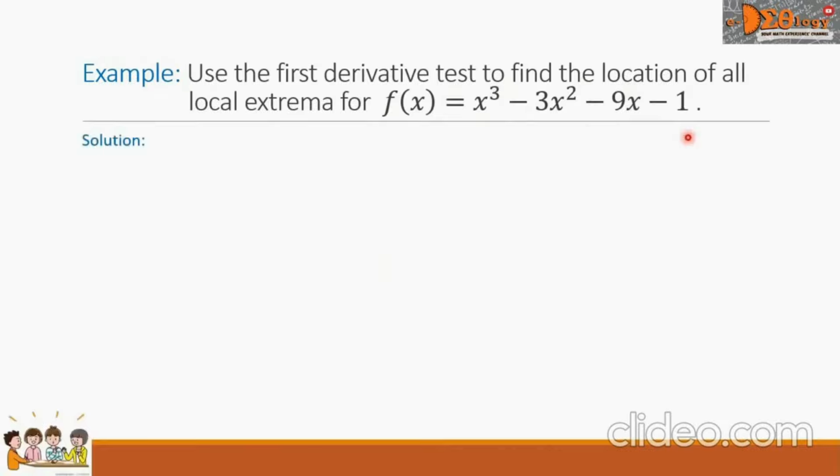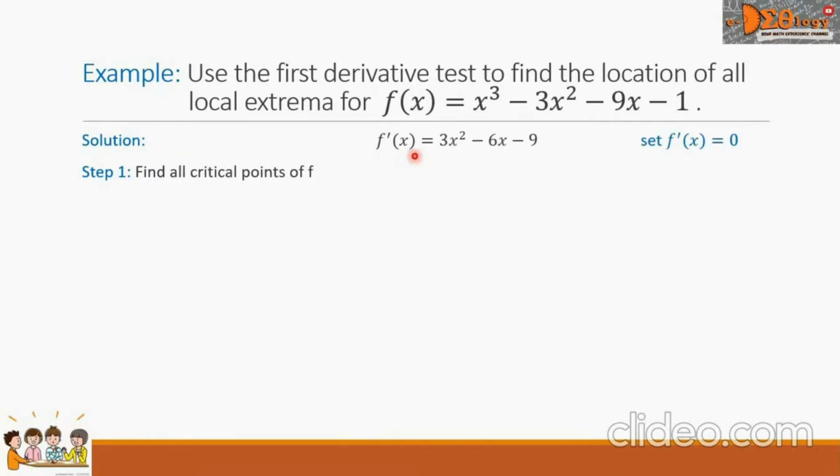For our solution, let us do step 1, and that is to find all critical points of the function f. The first step is to find the derivative. So f prime of x is equal to 3x squared minus 6x minus 9. And from here, let us set f prime of x equal to 0.